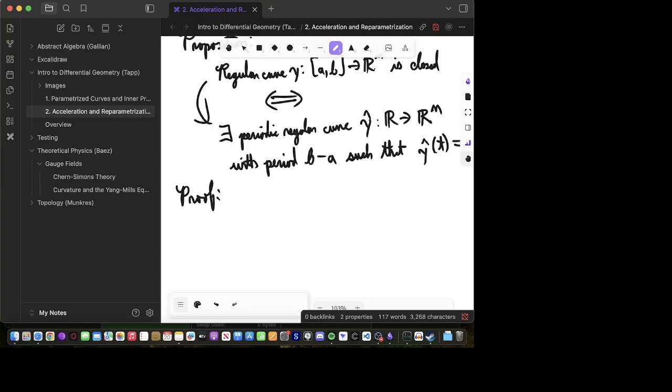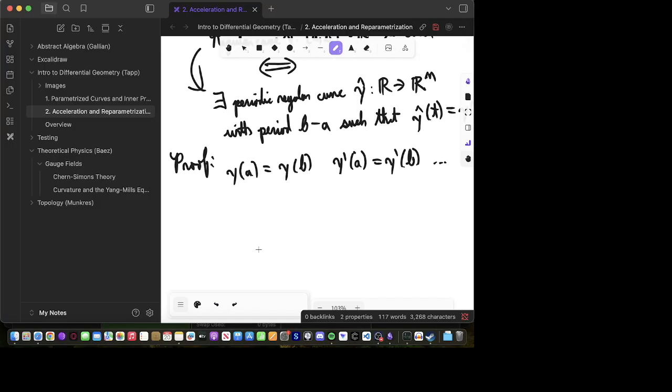So what can we say about gamma? Well, gamma of A equals gamma of B, gamma prime of A equals gamma prime of B, and so on. When we need to prove that there exists something, we need to construct something that follows these criteria.